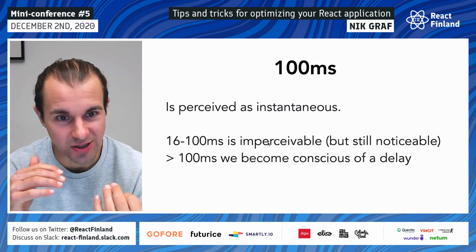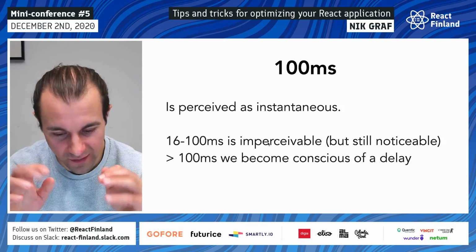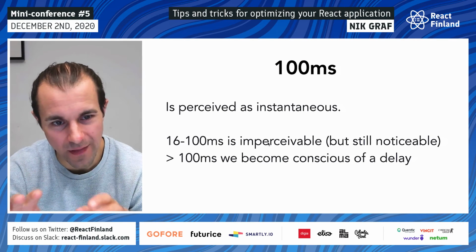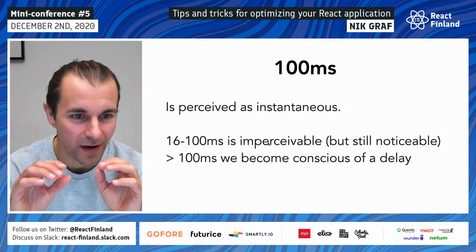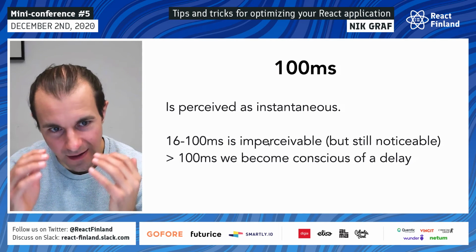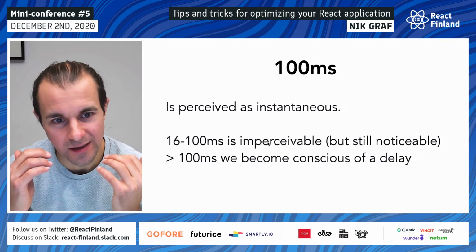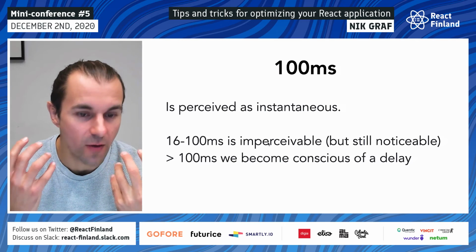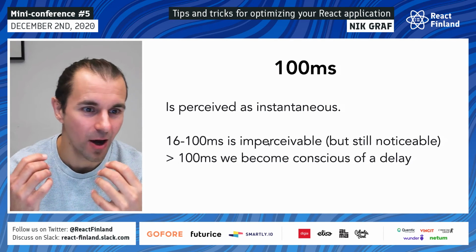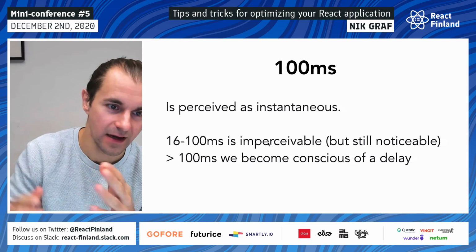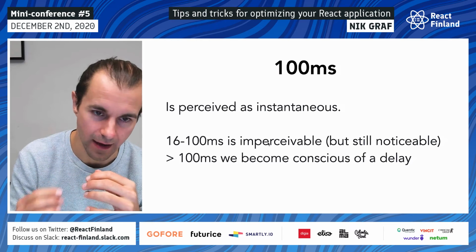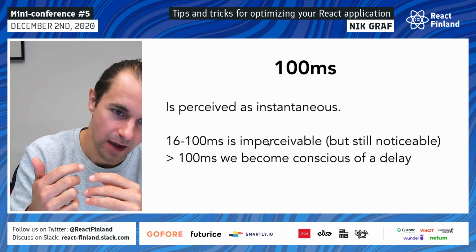If there's an animation, or if you're typing and you have direct feedback, you unconsciously still notice it, but you're not really consciously aware of the delay. Only above 100 milliseconds does it become conscious: okay, I clicked something and I needed to wait.